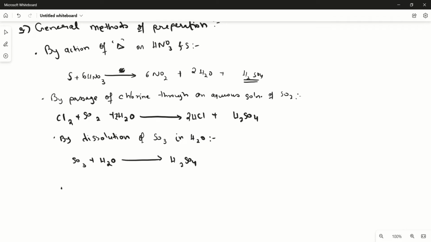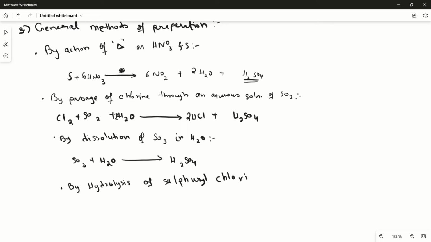Then we have by hydrolysis of sulfuryl chloride.